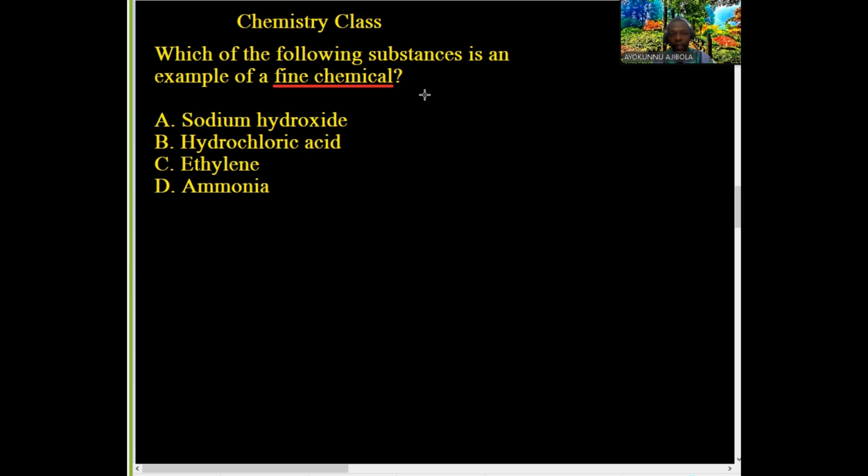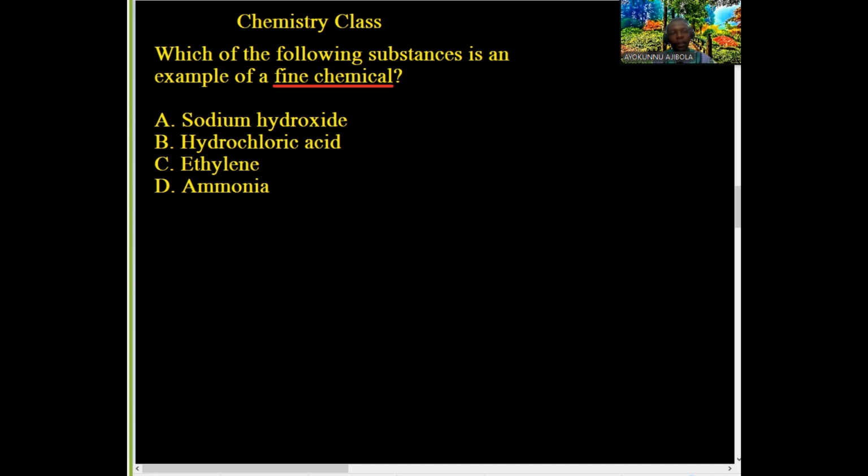So that means if they are going to need fertilizers, it's going to be in larger quantity, and the chemicals used in producing it are also going to be produced in larger quantities. So heavy chemicals are large scale industrial chemicals produced in bulk quantities for applications such as fertilizers and detergents.